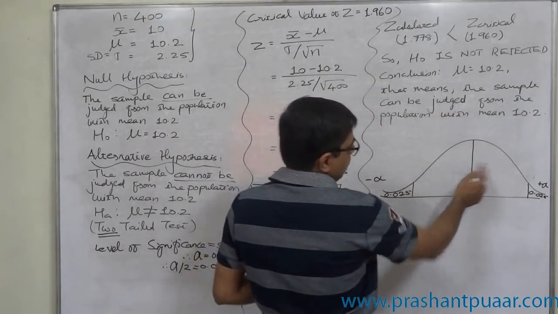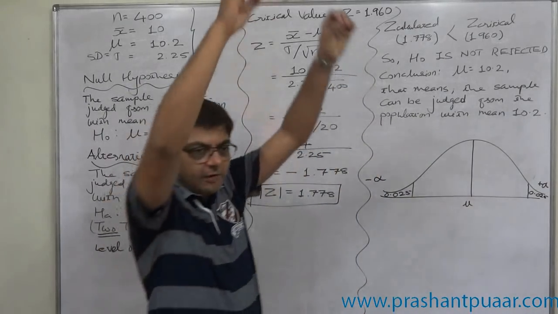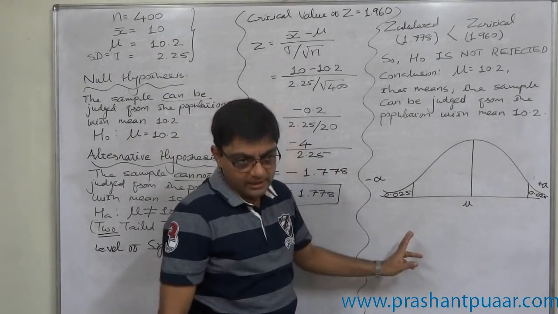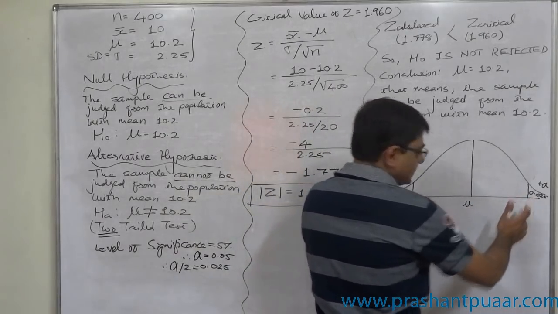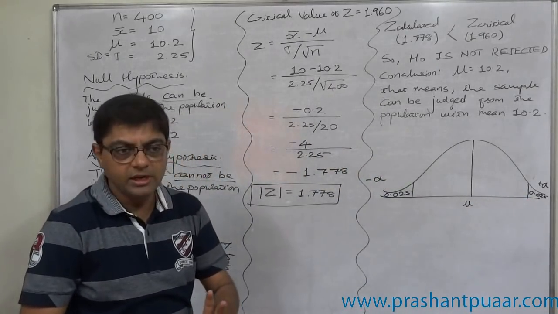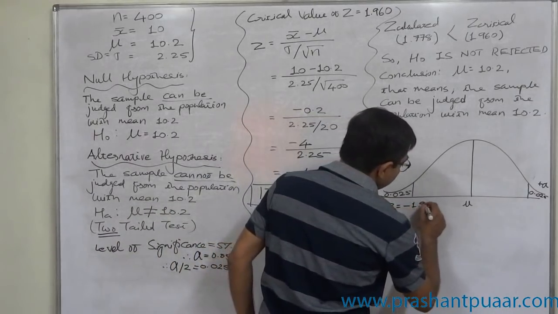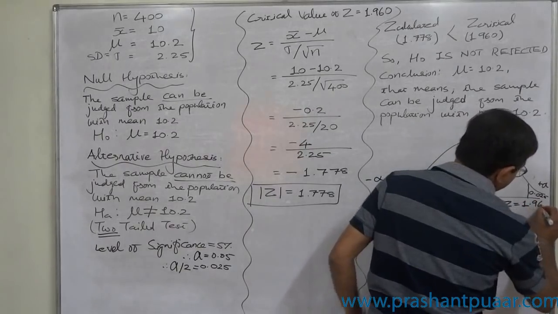But this is the area known as non-rejection region. If the mean value falls in this region, the hypothesis will not be rejected. Whatever mean value comes in these 2 points, so this is also known as critical value. See here Z is minus 1.96 and here the Z is positive 1.96.